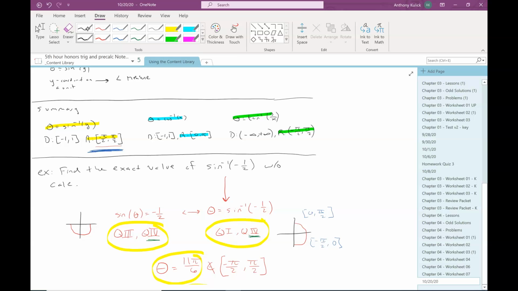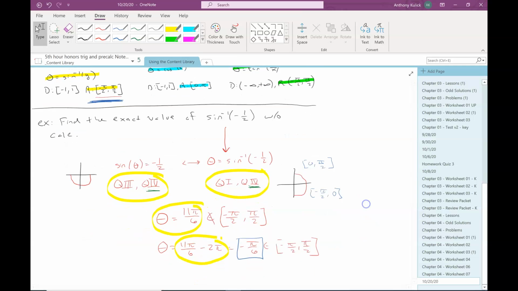All right. Let's do another one of these. Sound good? Oh, actually, before we do another one, let's present another way that we could do this without using the unit circle. Okay?